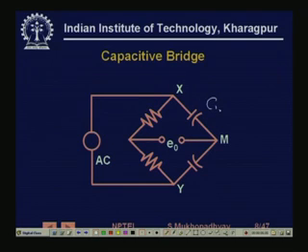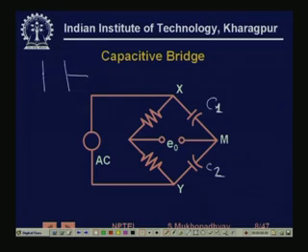So instead of resistances, we can also have capacitive sensors, where you have a capacitance C1 and a capacitance C2. Typically for capacitive sensors we often set up, as we have seen in the case of displacement measurement, a parallel plate capacitance. So this plate is moving.